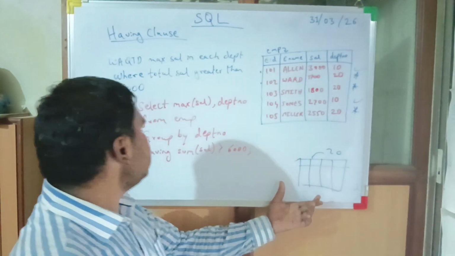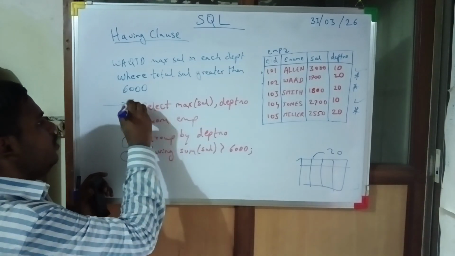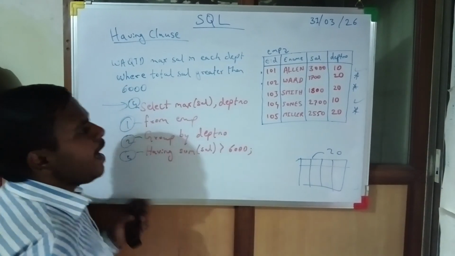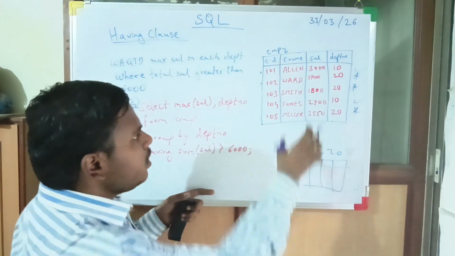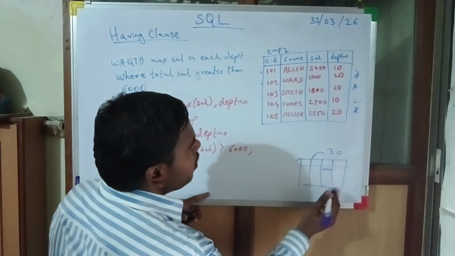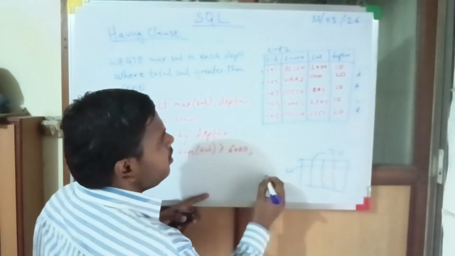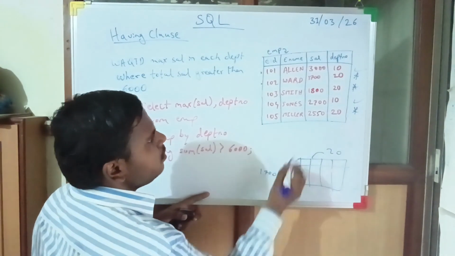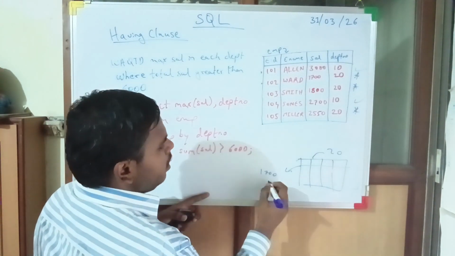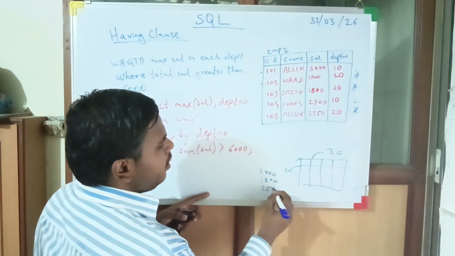Now this output will go to the select clause. In the select clause, what do I want to display? The maximum salary and department number. The salaries present here are 1700, 1800 and 2550.